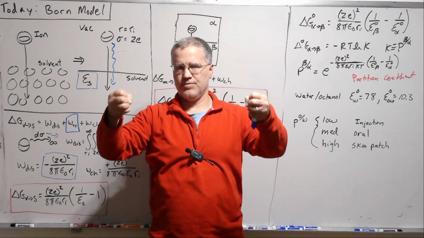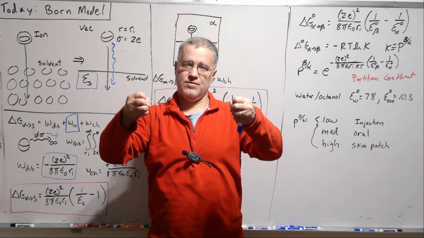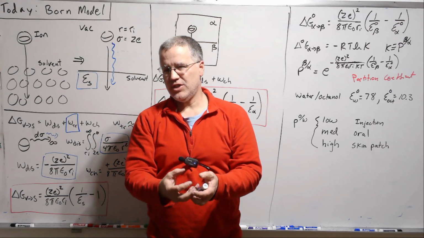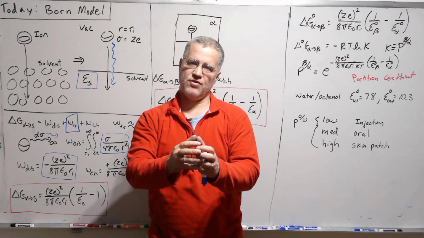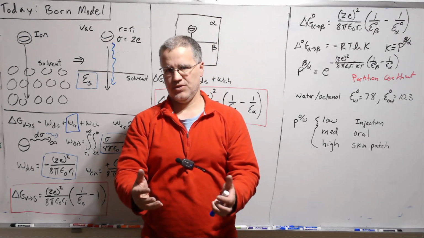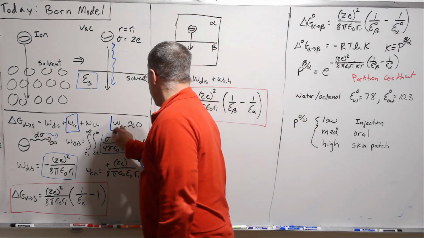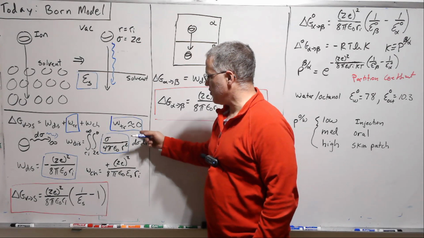If we do that reversibly, right, that should cancel. The amount of work to open will be equal but opposite the amount of work to close. And then what we do is we take as an approximation the work to make room for the ion to be 0. So that's an approximation of the Born model. And so ultimately, we take the work in transferring the charge as 0.